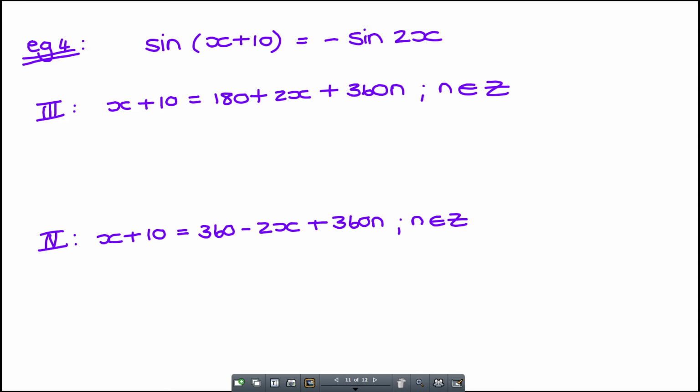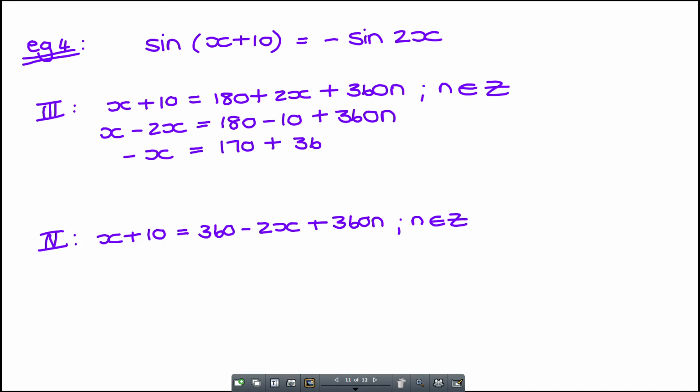Nou moet ek gou-gou vereenvoudig, so I take all the x's to the left, so dan raak het mos minus 2x, en as het 180 minus 10 plus 360n. Okay, now that's going to give me minus 1x equal to 170 plus 360n.